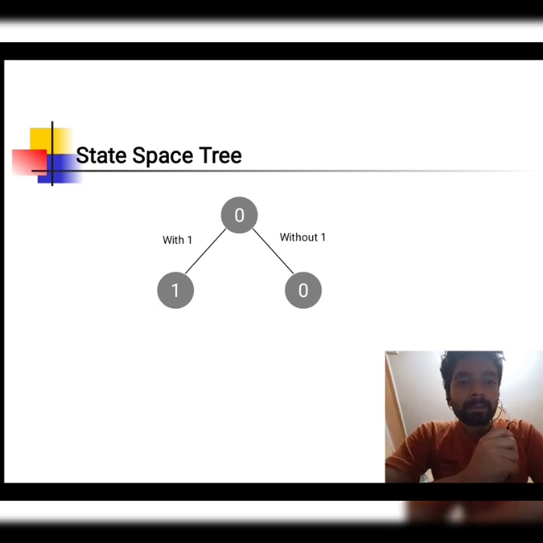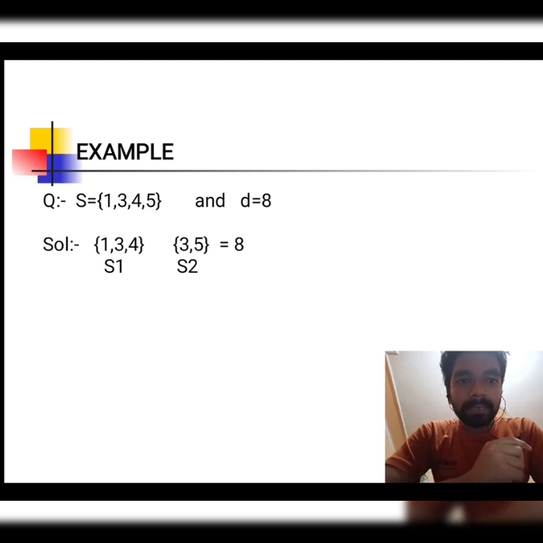Now the first element is 1. On the left hand side, add 1, so 1 plus 0 is equal to 1, and the left hand side value is 1. On the right hand side, without 1, so 0 stays as a copy.